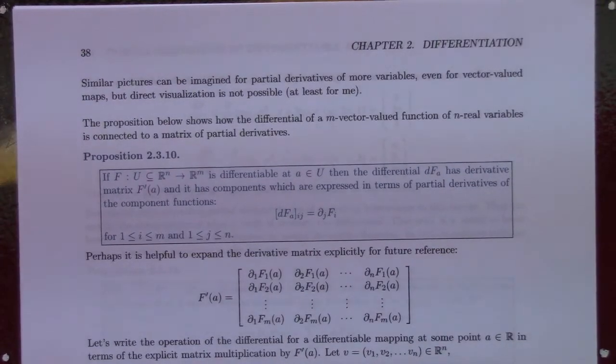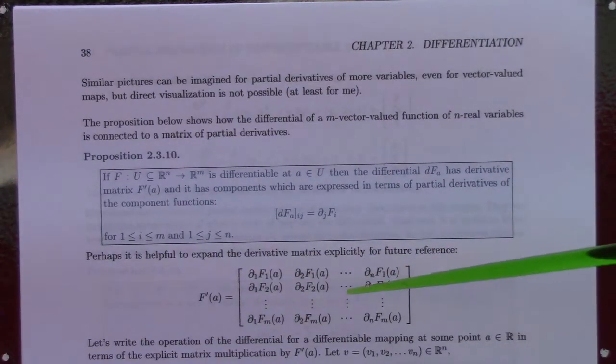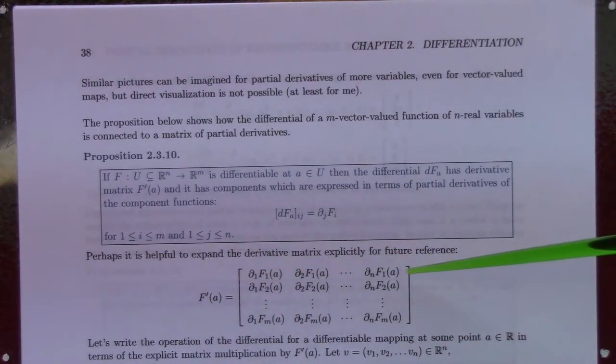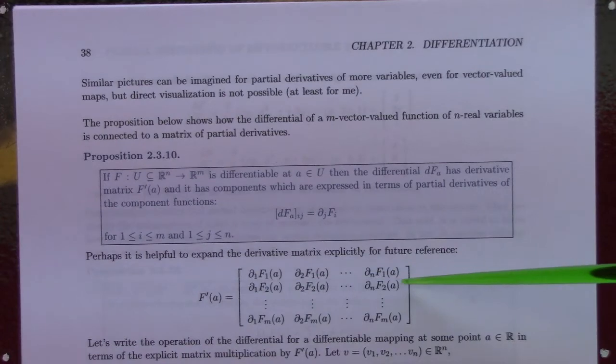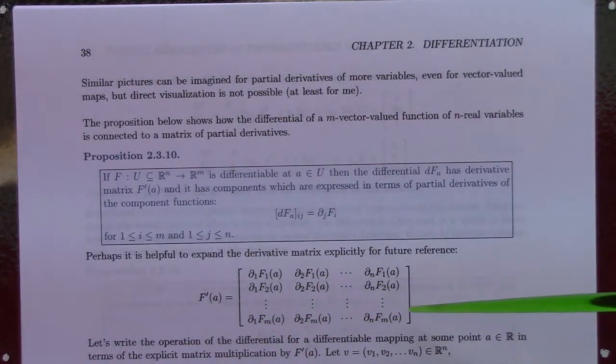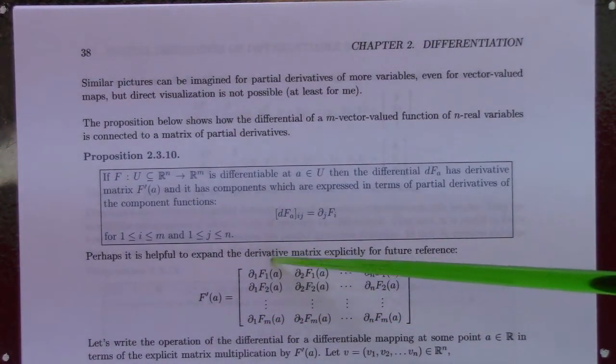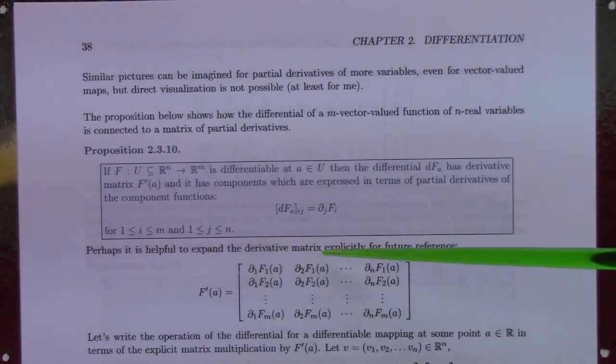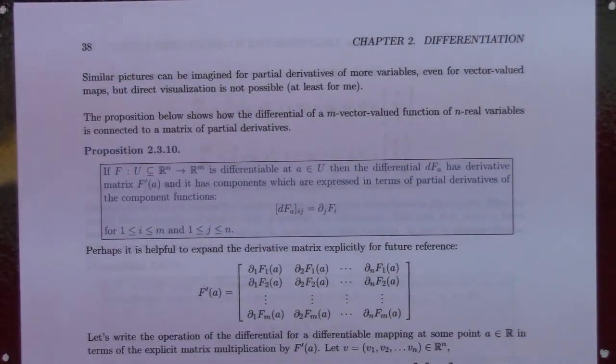So at the next page or two, I just have some really nice formulas for what the Jacobian matrix looks like in terms of partial derivatives. Here's the gory full story. The first component function fills up the first row. Second component function, second row. Mth component function, mth row. First derivative with respect to x1, derivative with respect to x2, derivative with respect to xn.